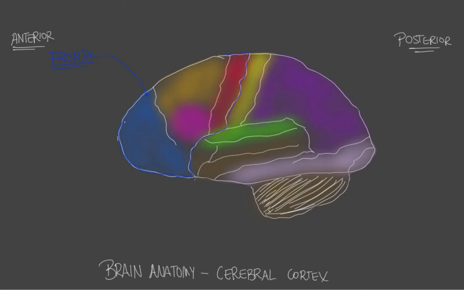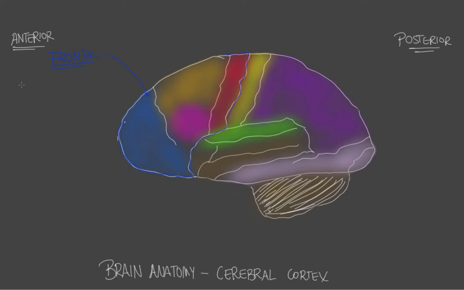Frontal lobe is divided into different functional regions, and we're going to be discussing those as we go along. But for now, let's look at it in a very general overview.